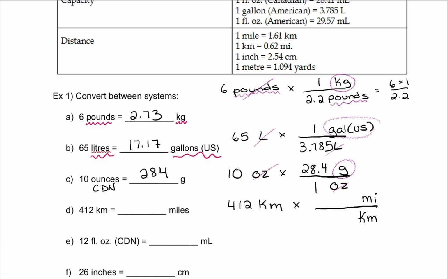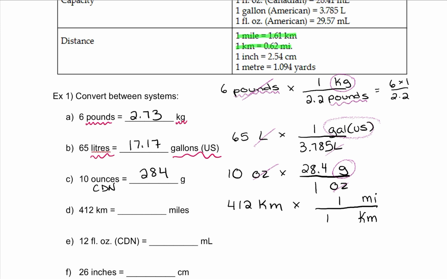Now, when we go to our chart, the one thing I want to point out is that you'll notice that there actually are 2 different conversions with miles and kilometers. So depending on which one you choose, you actually might get a very, very tiny difference in your answer. It shouldn't be huge. So I'm going to show you what happens when I pick the first one. So I'm going to pick 1 mile equals 1.61 kilometers.